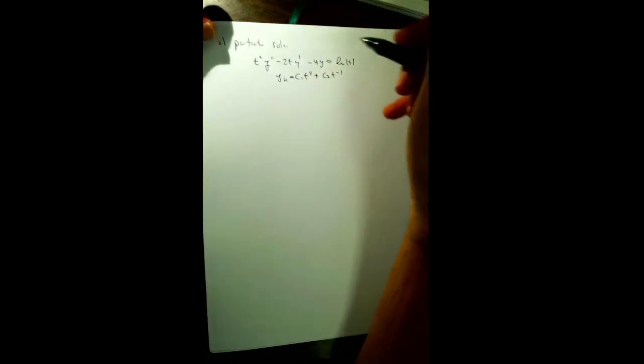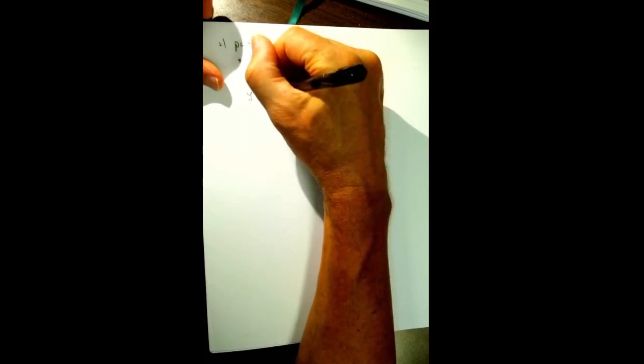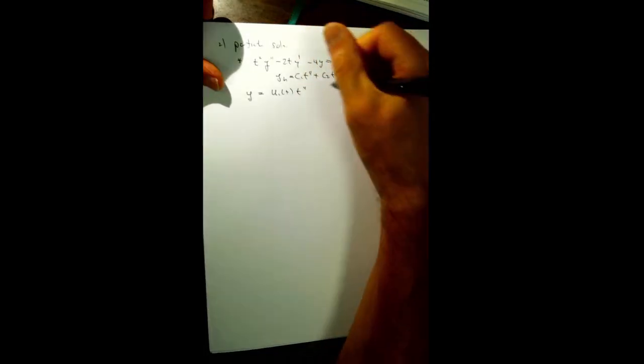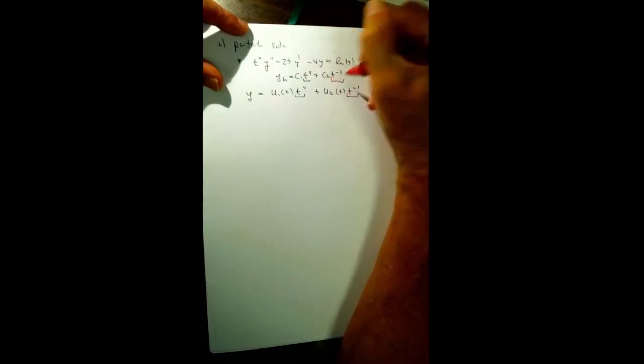So again, I don't know how to guess something for this. So what I'm going to do is I'm going to use variation of parameters. So my particular solution I'm going to say is u1 times t to the 4th plus u2 times t to the minus 1. And t to the 4th comes from the homogeneous solution t to the 4th, and t to the minus 1 comes from the homogeneous solution t to the minus 1.